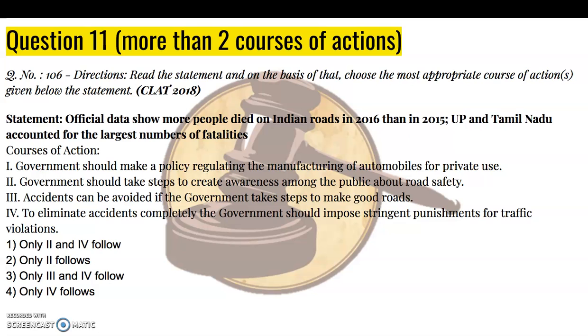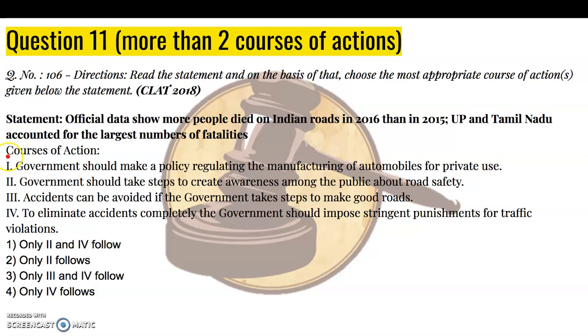Course of action number one is written, but in the options it's not even mentioned here. So I don't think there is any use of reading this, and even if we read it, we know for sure that it is a wrong course of action.